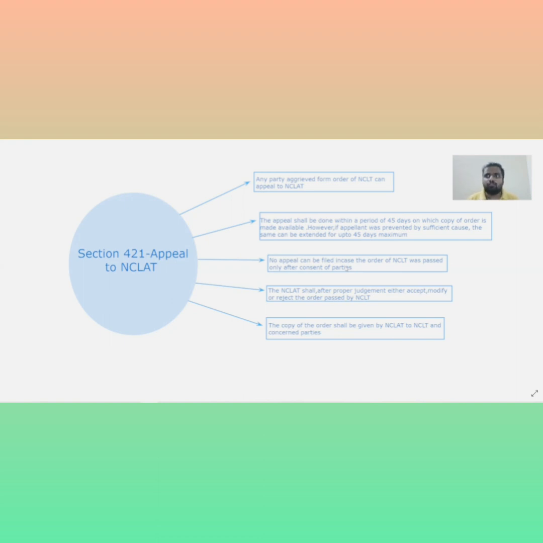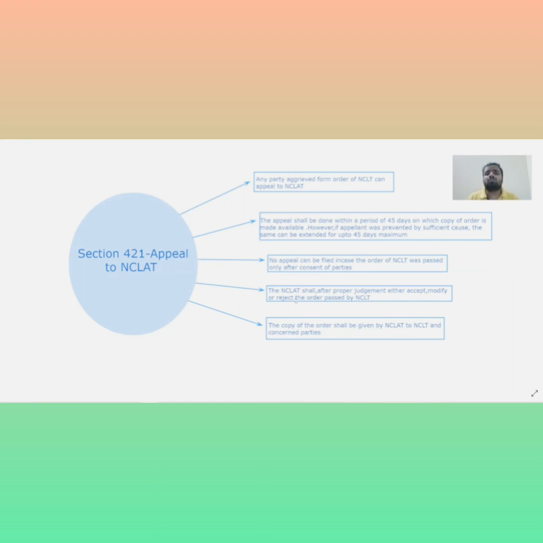But after that, your friend said, what if we go to the supervisor? We might get a better deal out of it. No, you cannot go to the supervisor, because once the order has been passed by your teacher, the NCLT, and it is after your consent, after providing the information to you and you are consenting to it, like consenting means conforming to it, and you don't have any objection, you cannot go to the supervisor. That is not allowed.